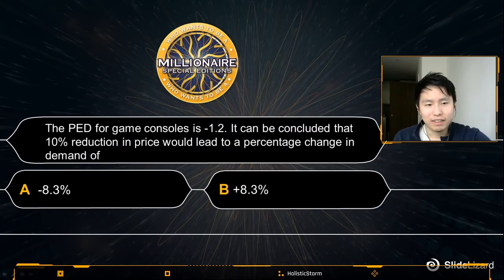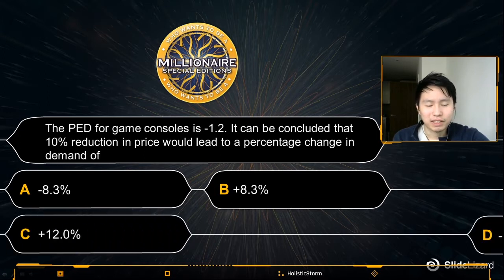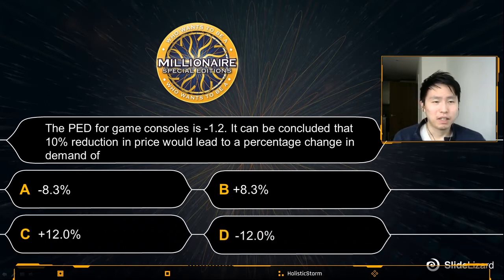The PED for game consoles is minus 1.2. It can be concluded that a 10% reduction in price would lead to a percentage change in the demand of A, minus 8.3%, B, plus 8.3%, C, plus 12%, or D, minus 12%.